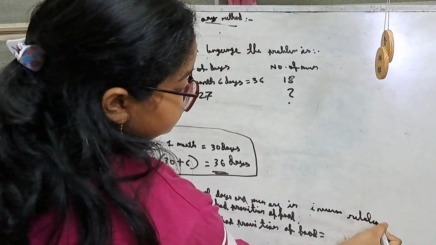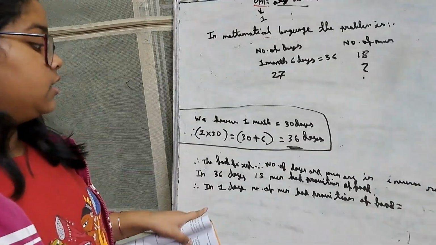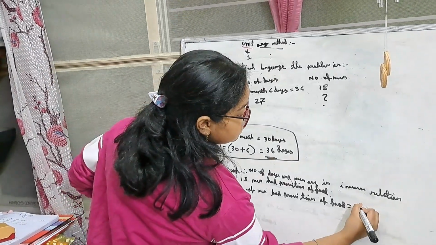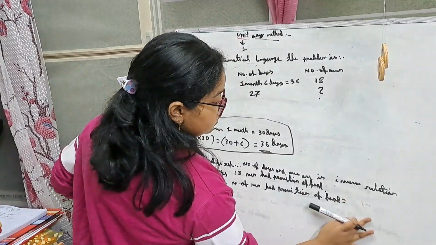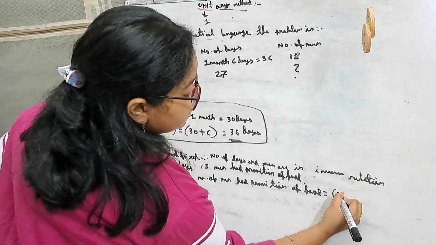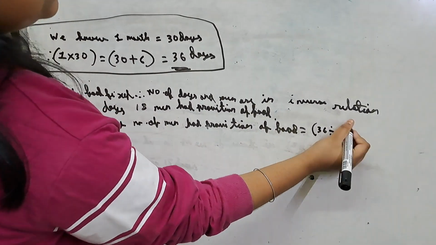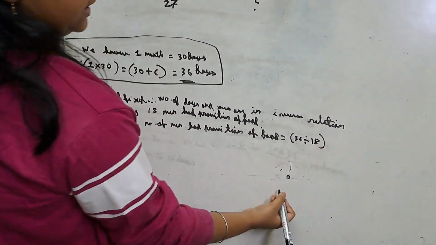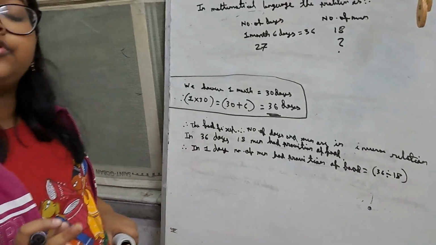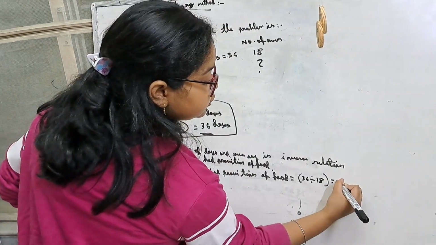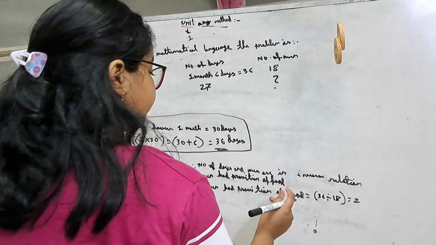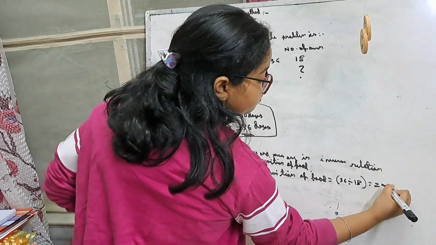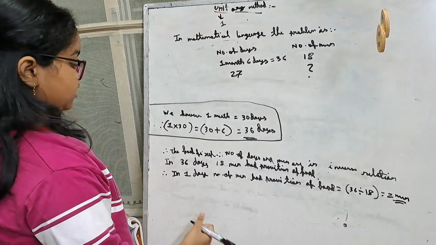So in one day, number of men who had provision for food equals 36 divided by 18. So 36 divided by 18. Students, be careful. Equals 2. Therefore in one day number of men had provision for food equals 2 men. We have to write men here.